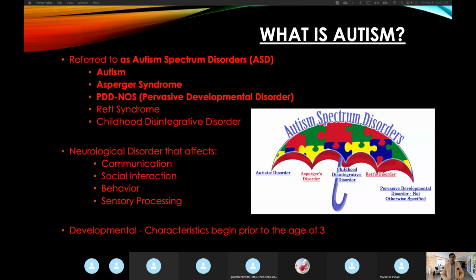Then childhood disintegrative disorder, which is more intense than Rett's as well. Some of the neurological disorders that affect communication, social interaction, behavior, and sensory processing are also sometimes included in these disorders. So they are not actually autism, but they are neurological diseases presenting in a similar form as autism. So that you have to consider as well.